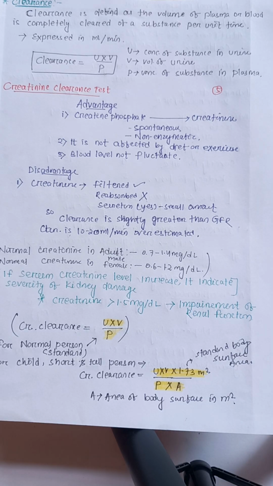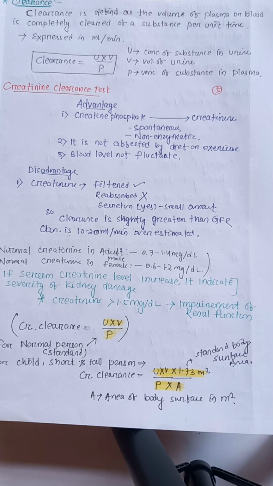If the kidney is not able to clear creatinine from the body, creatinine accumulates. If you get increased creatinine in the blood, that indicates a defect in the kidneys. That's why blood or serum creatinine is very indicative for kidney function tests.